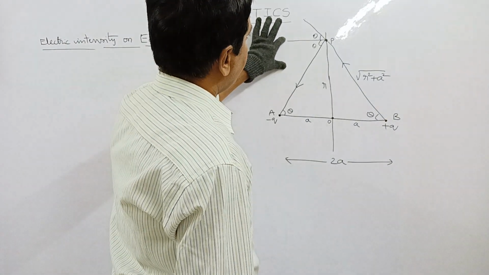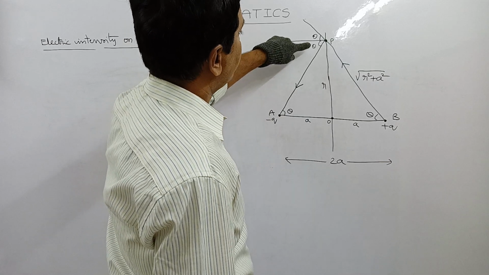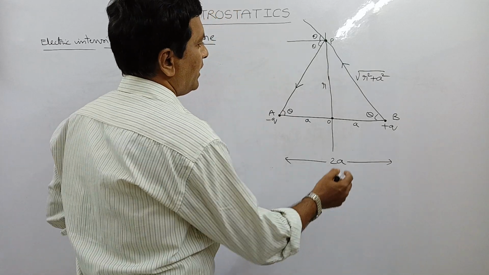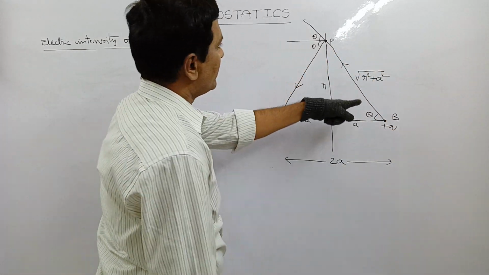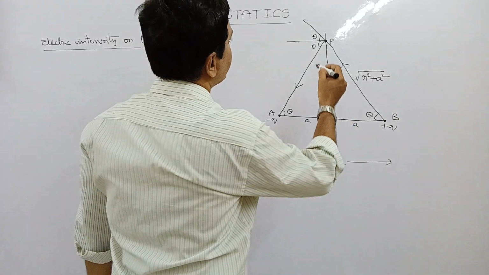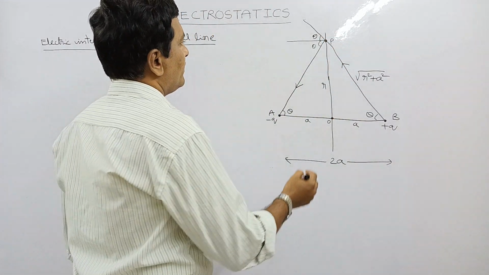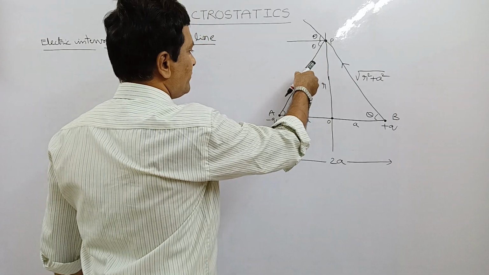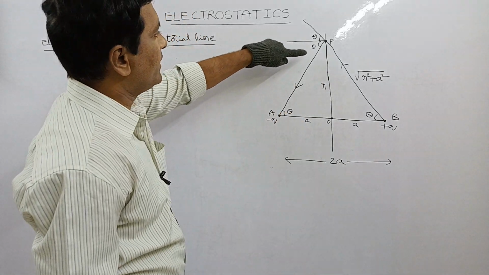By the symmetry of the triangle, this angle is theta, and at the same time this is also theta. The electric field from P toward A, because of the minus charge, acts in the direction of PA.